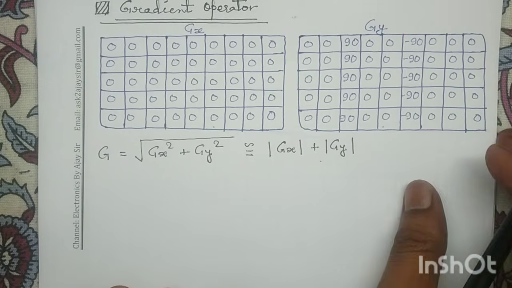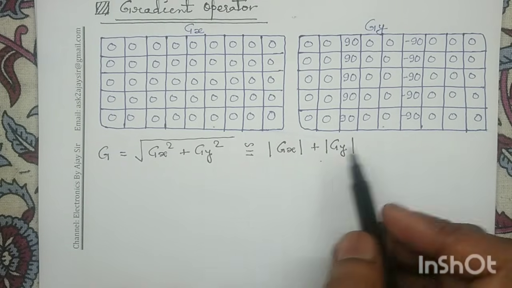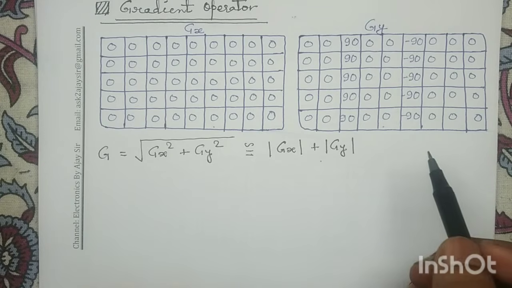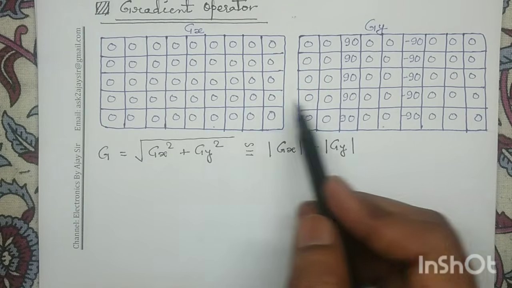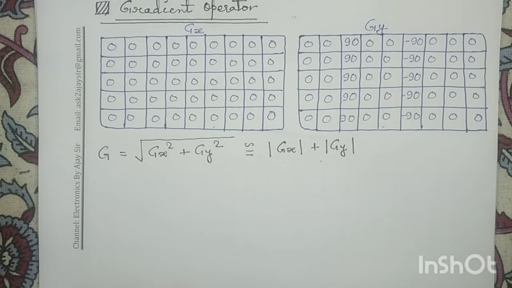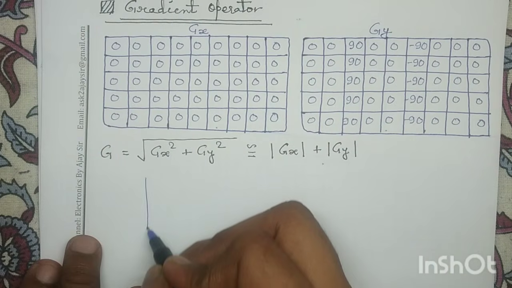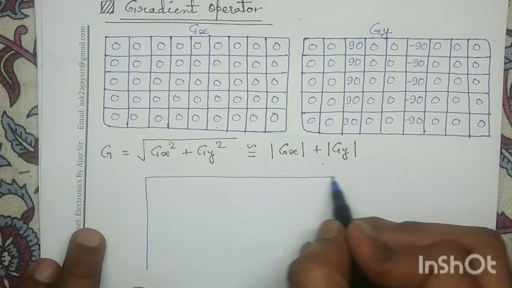And in order to draw the magnitude of the gradient operator, we have to draw an output image having the same dimension as that of Gx and Gy, that is, an output image having the dimension of 5 cross 9. So let me draw this output image.